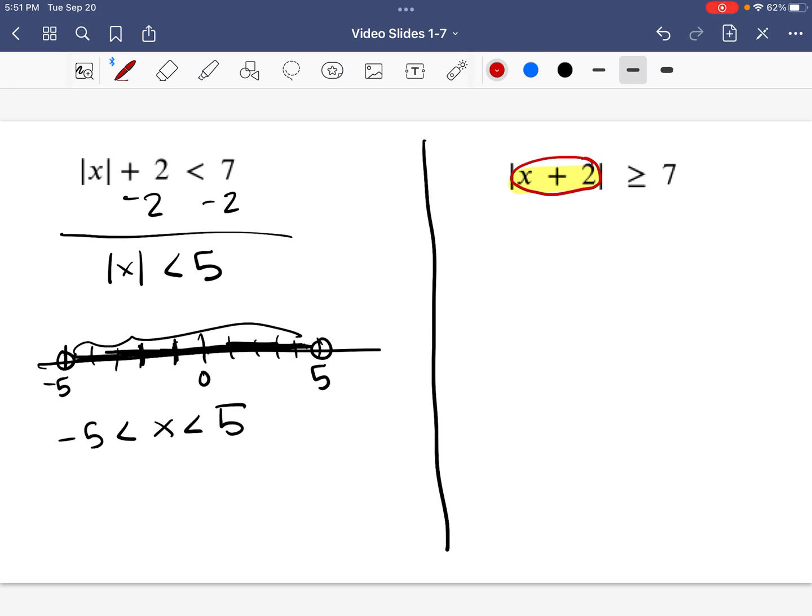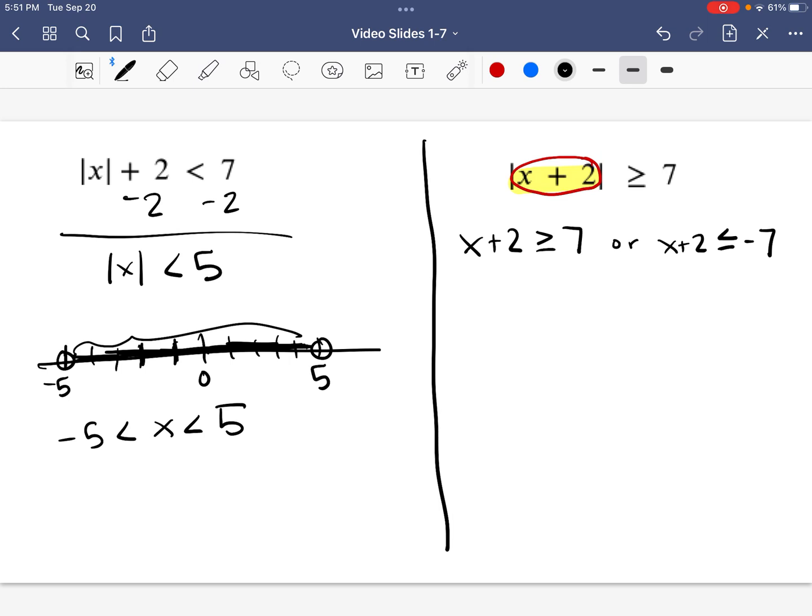Or they could add up to a positive, take the absolute value, and it's still positive. So I'm going to set up two separate inequalities to solve. I'm going to set up x plus 2 is greater than or equal to 7, or x plus 2 is less than or equal to -7.